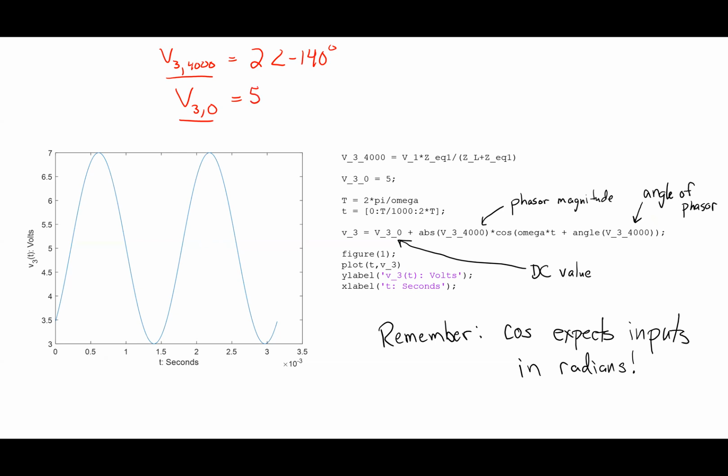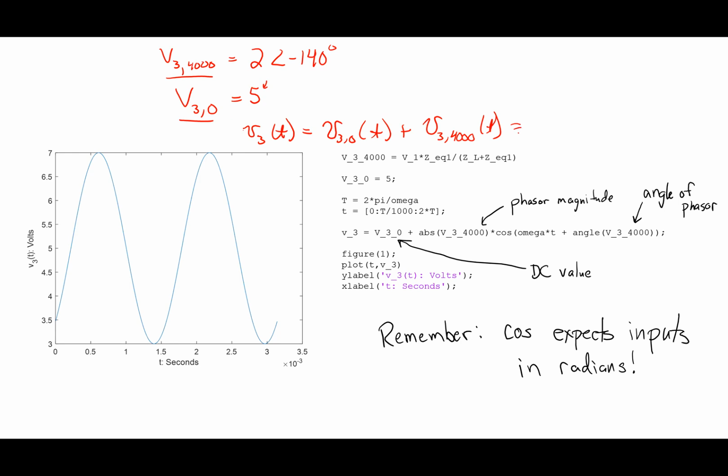All right. So what I did here was I put together the way this guy looks. So I had to convert these both into the time domain, and then I add them. So V3 of t, the way you'd write this, you say V3 of t would be equal to whatever the corresponding time domain voltage is for that guy, V3 0 of t, plus V3 4000 of t, like that.